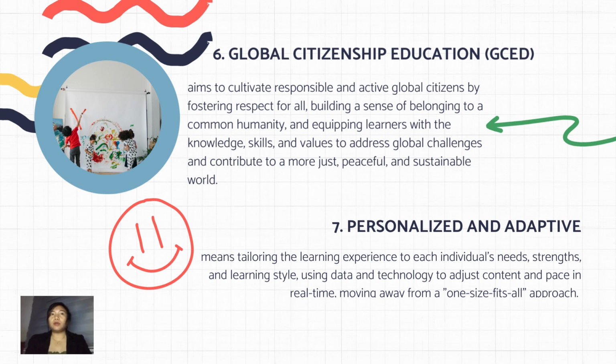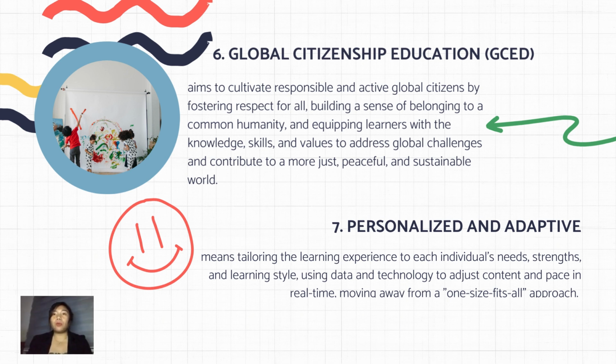Sixth is global citizenship education. It aims to cultivate responsible and active global citizens by fostering respect for all, building a sense of belonging to a common humanity, and equipping learners with the knowledge, skills, and values to address global challenges and contribute to a more just, peaceful, and sustainable world.